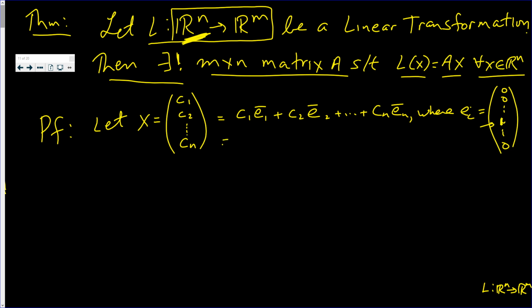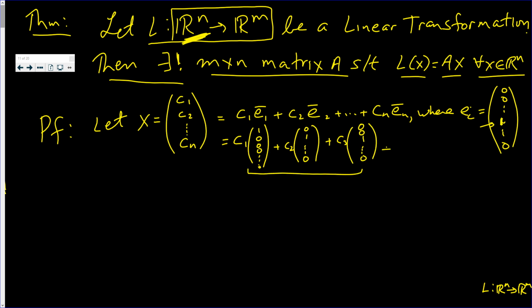But basically, you have C1 times 1, 0, 0, 0 forever, plus C2 times 0, 1, and then zeros forever, and then C3 times 0, 0, 1, and then zeros forever, and we continue this.